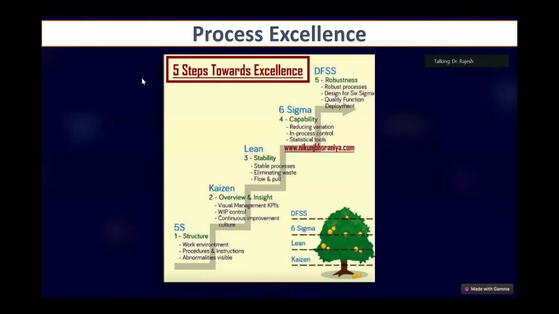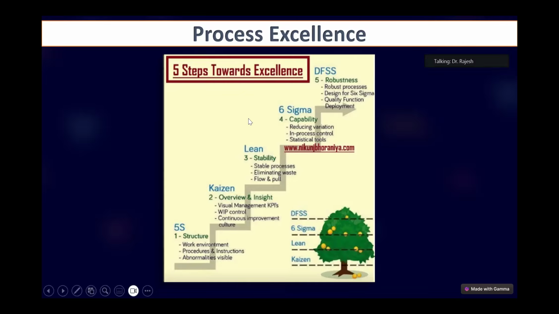Here we are trying to combine all the process excellence methodologies, right? We know 5S, Kaizen, Lean, Six Sigma, and DFSS. When you think one particular problem can be solved by one methodology, if you are able to solve it, well and good.